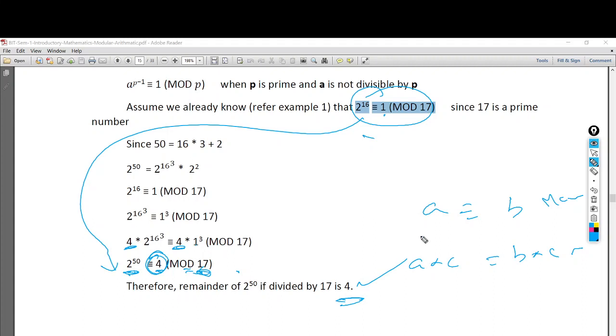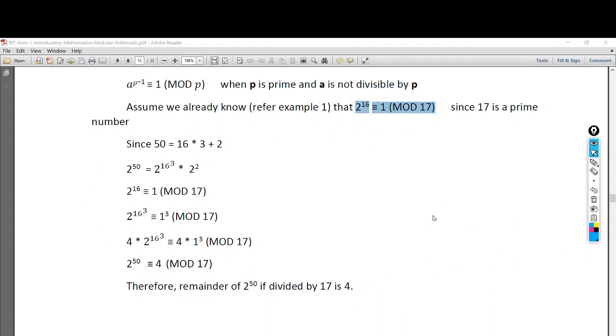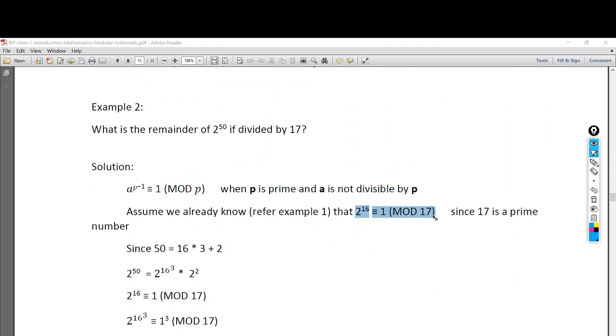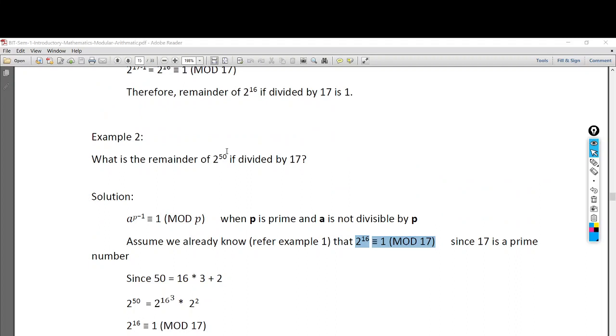So the idea is, of course, this is not going to work for all questions. Only for special cases you can use it. Just identify that the mod has to be a prime number, take it as a prime number, take it as the a.